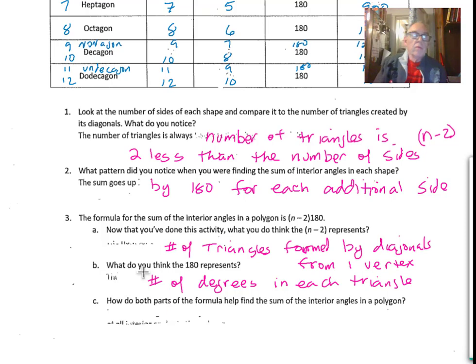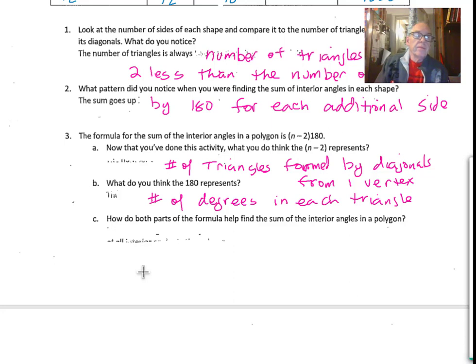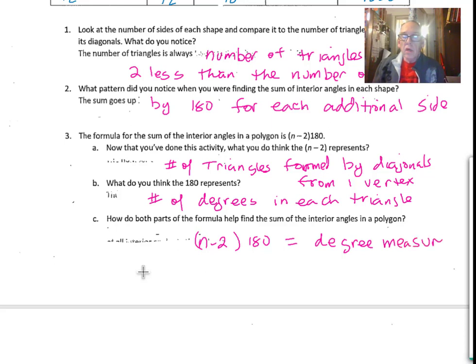And how do both parts of the formula help find the sum of the interior angles in a polygon? Well, n minus 2 is the number of triangles that are formed. 180 is the number of degrees. So the number of sides, take away 2, times 180 gives us the degree measure of the interior angles.